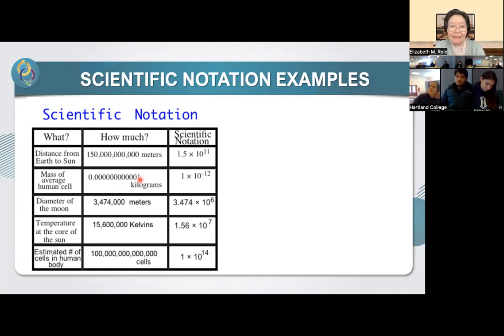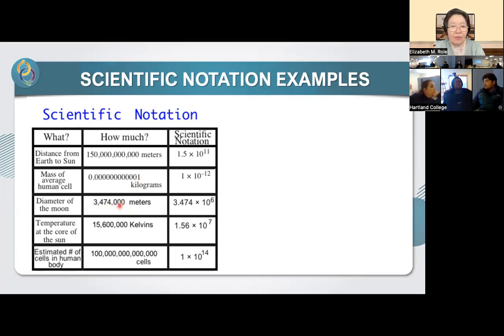Can I please ask about the diameter of the moon? Yeah. It's 3.474. If you put the point here, 3.474, and you count the numbers 1, 2, 3, 4, 5, 6, you see that?